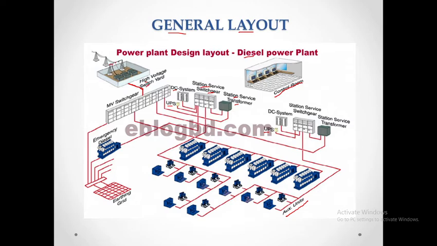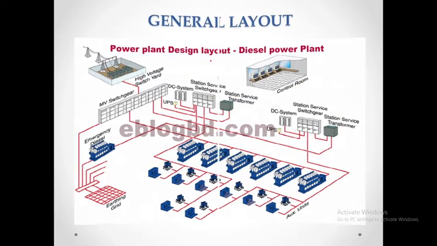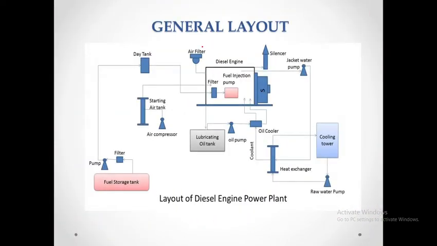Then from here the electricity will be taken to the consumers. So this is the typical layout. We are not discussing the diesel plant here, only the layout. Now, if you see the general layout of the diesel engine power plant, what does it contain?